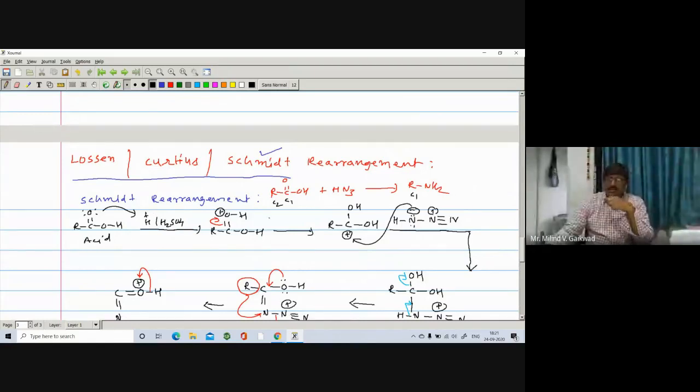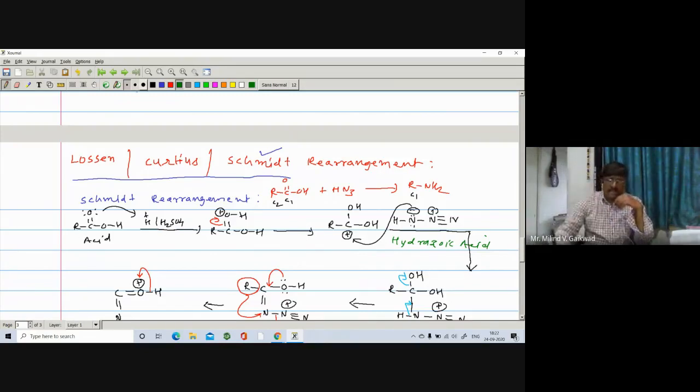So they may ask, what is the reagent in the Schmidt rearrangement? HN3. It is called hydrazoic acid. You have to remember, the name of this one is hydrazoic acid. Okay, so in this way you can write a number of examples.